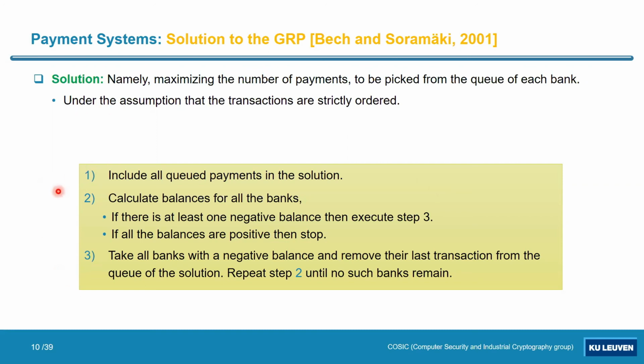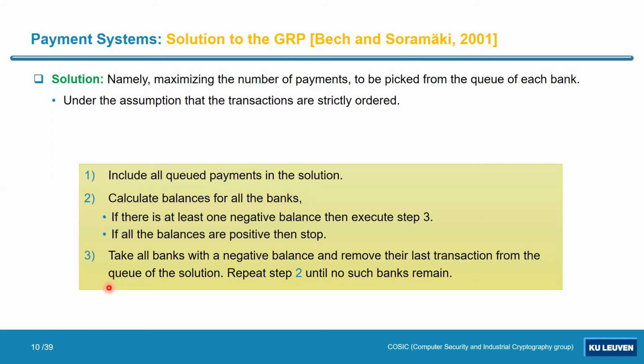In the first step, we include all the transactions in the solution. In the second step, we calculate balances for all the banks. And here we face a condition. If all the balances are positive, then the algorithm will stop and return the solution, which means we already found the solution. But in the case that we have negative balances, even at least one negative balance, we will jump to the third step.